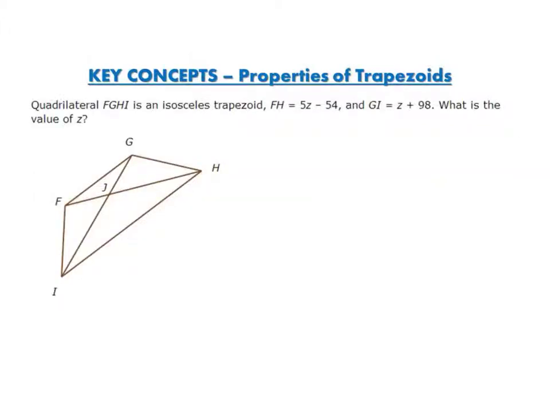All right, the problem is, quadrilateral FGHI is an isosceles trapezoid. FH is 5Z minus 54, and GI equals Z plus 98. What is the value of Z? Well, we know that the diagonals are congruent. That means we can make them equal to each other.